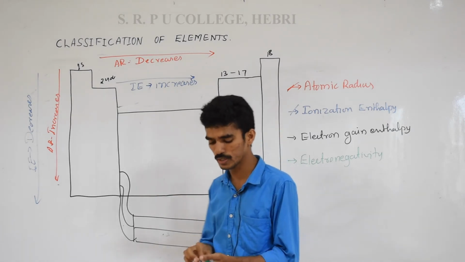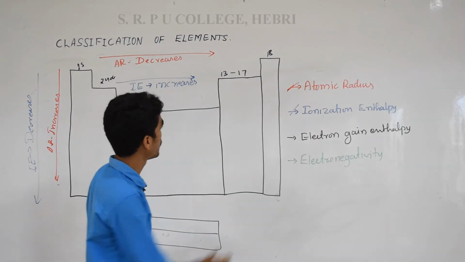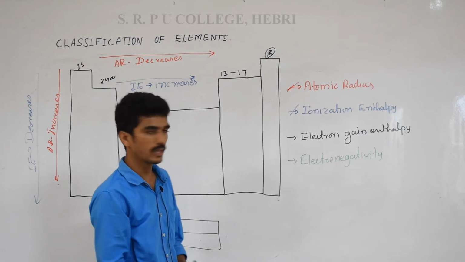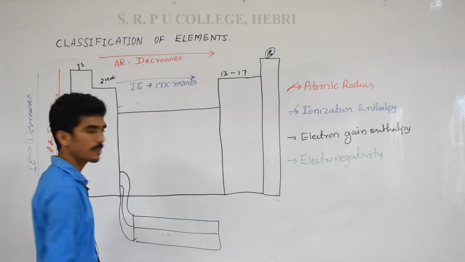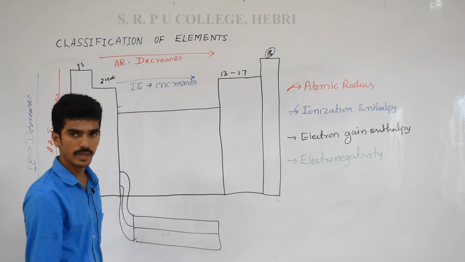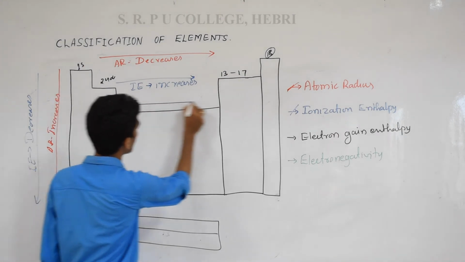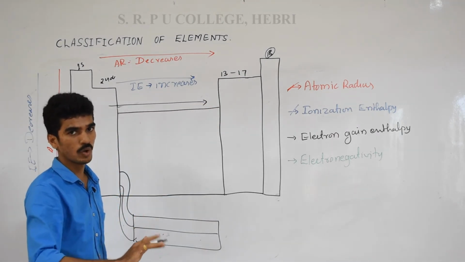Next we'll move to electron gain enthalpy. Here we do not consider the 18th group because it is already filled. Electron gain enthalpy applies only up to the 17th group. I'll write it in black ink. Here, energy is required or released. Across the period, you should write in terms of more negative or less negative, or increase or decrease.